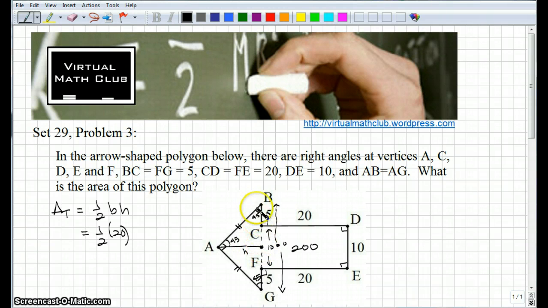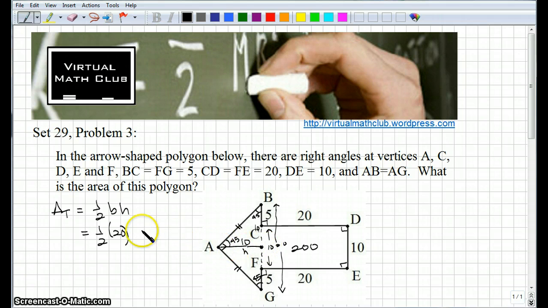And from B down to that midpoint is going to be just half of 20, which is 10. So this altitude will also be 10. You follow that? So this leg here from B to the midpoint is 10, because the whole thing was 20, and so the altitude has to be 10 as well, because it's a 45, 45, 90 triangle, so it's isosceles, and so this side from B to the midpoint has to be the same as this side from A to the midpoint.